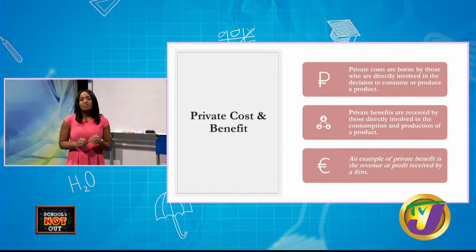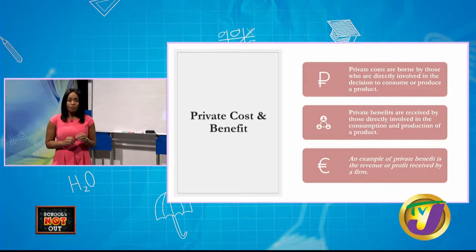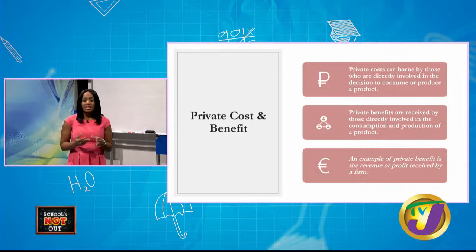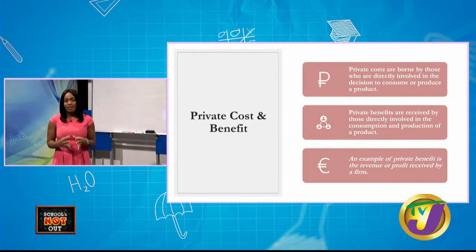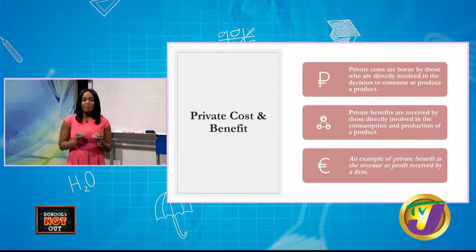So you're the person who is going to benefit from the consumption of the food. So any costs associated with that good, the cost falls on you, and it also falls on the person who produced the good. So that's a private cost. The private benefit is where you're looking at the benefits by the persons who are directly involved with the transaction.